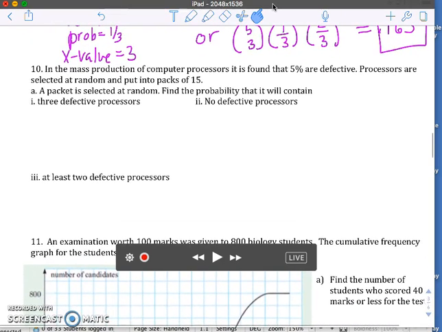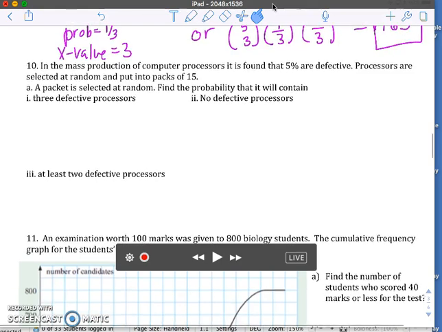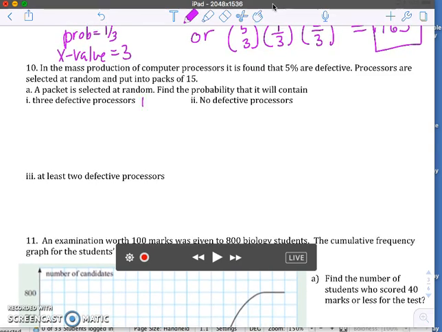The next one, in a mass production of computer processors, it is found that 5% are defective. Processors are selected at random and put into packs of 15. A packet is selected at random. Find the probability that it will contain 3 defective. So again, this would be exactly, so this is a PDF.